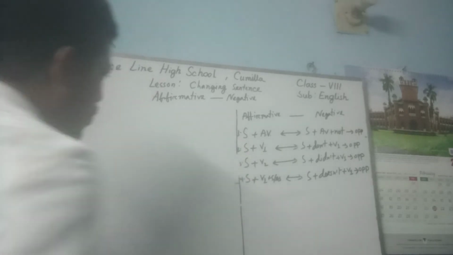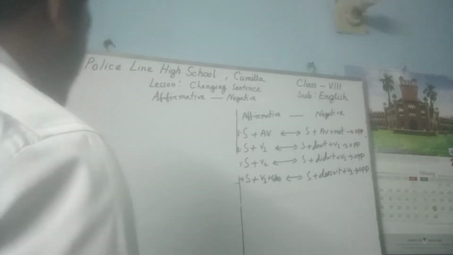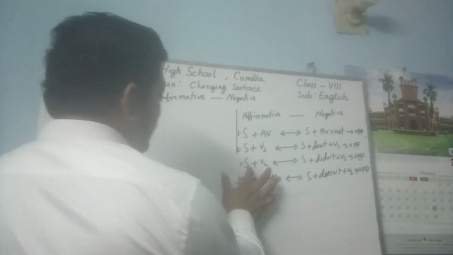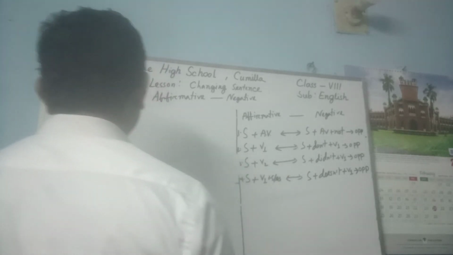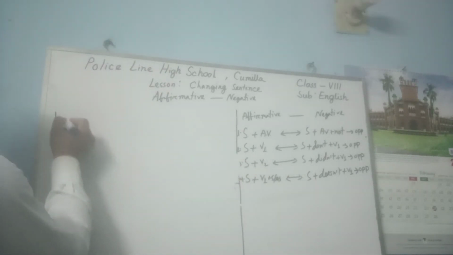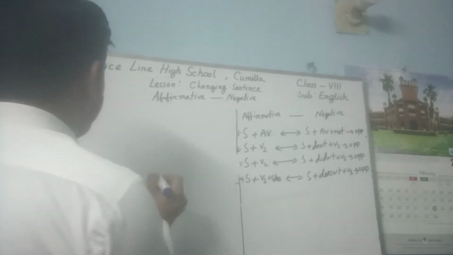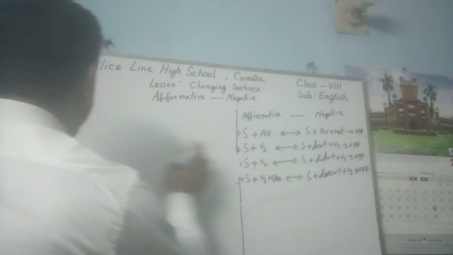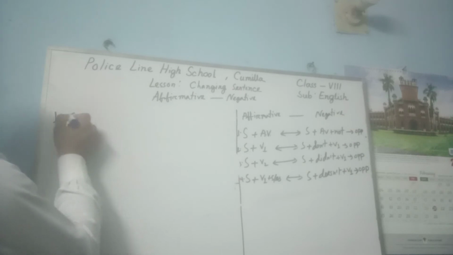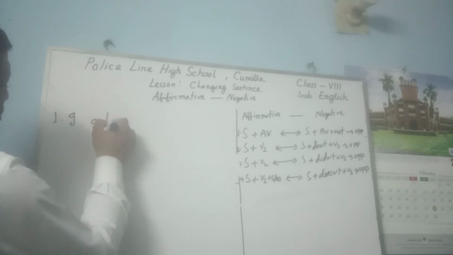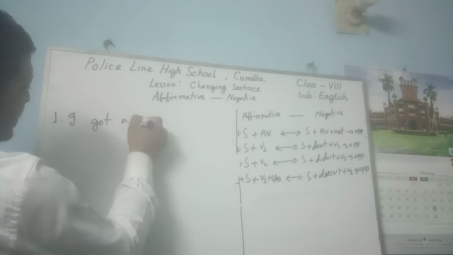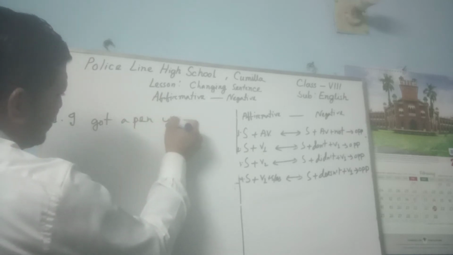Now I will show you rule 3. Here at first subject, then verb 2. Verb 2 means second form of the verb. I got a pen yesterday.